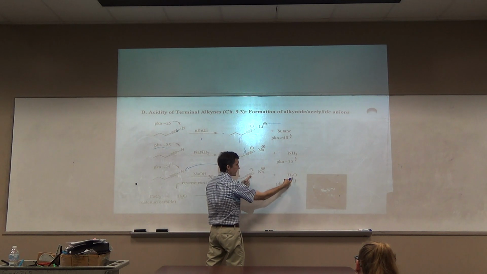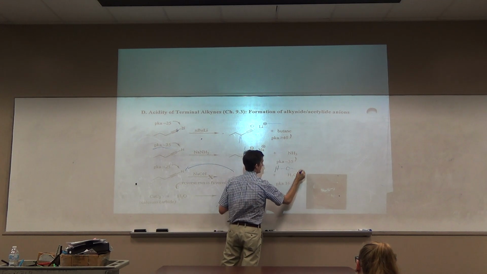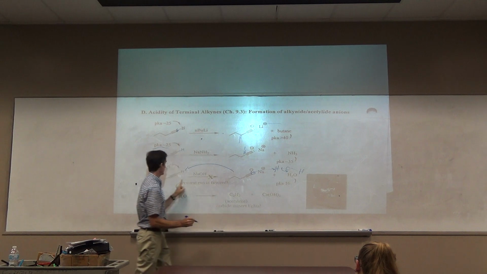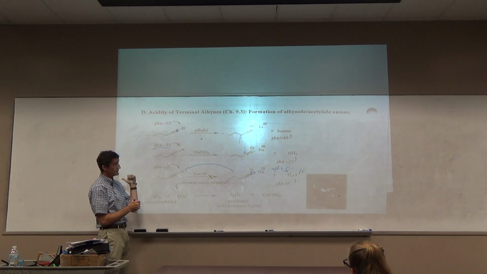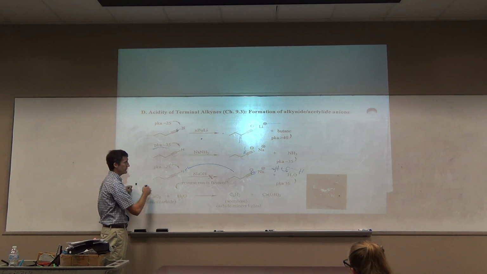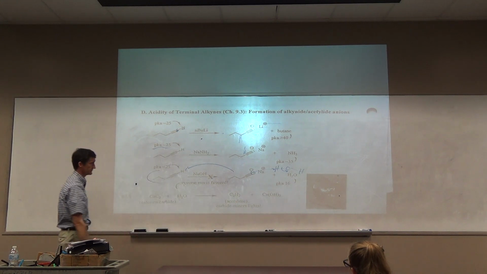If you treat it with water, are these going to react? Yes, it's going to go this way. This will take an H from water, and you'll put the H on. This side is favored by 10 to the 9, a billion. If you treat acetylide anion with water, you're going to put the H on.